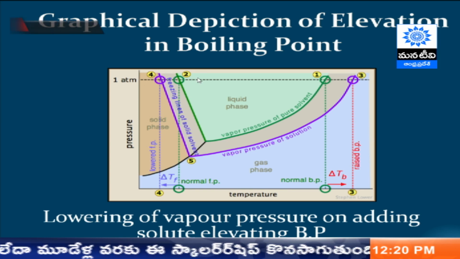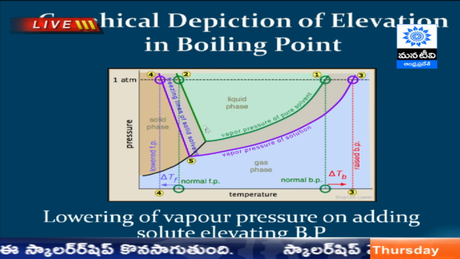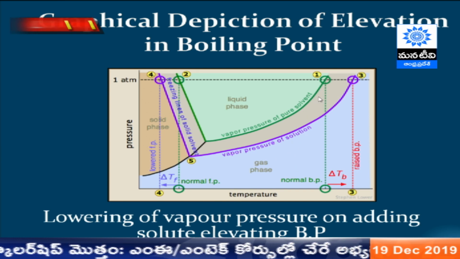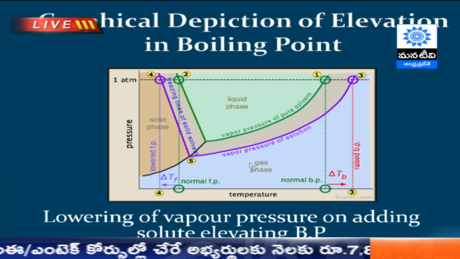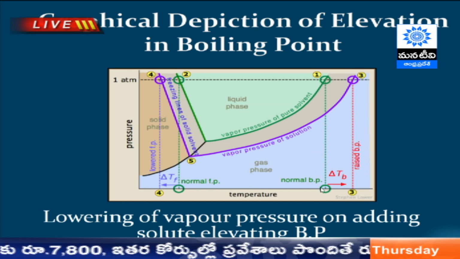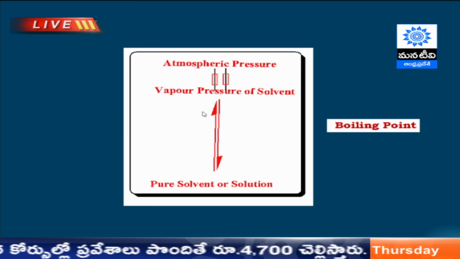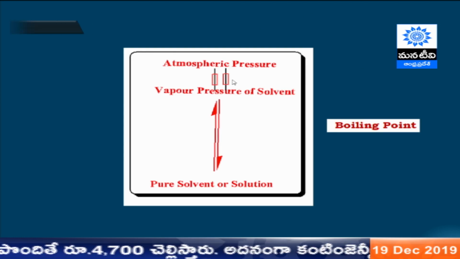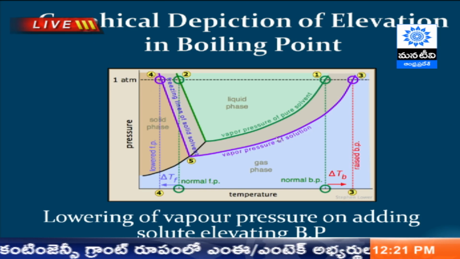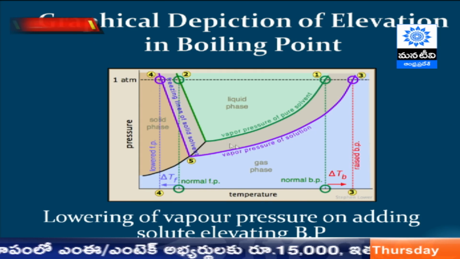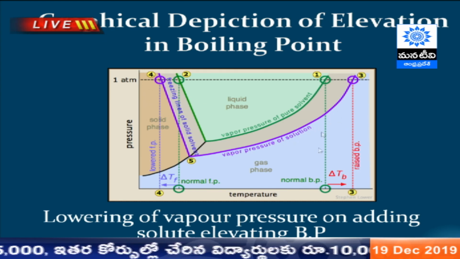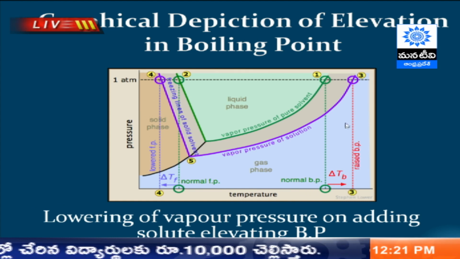Let us see graphically how boiling point is affected. When there is only pure solvent, the vapor pressure will be higher and the temperature required to meet the atmospheric pressure will be less. Now, when there are fewer vapor molecules, the vapor pressure decreases and you need to give more temperature.